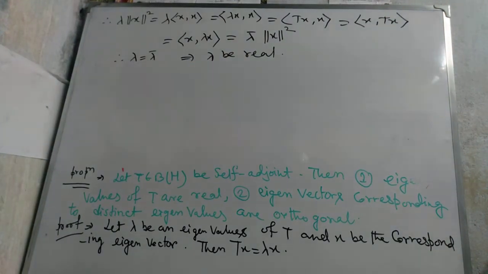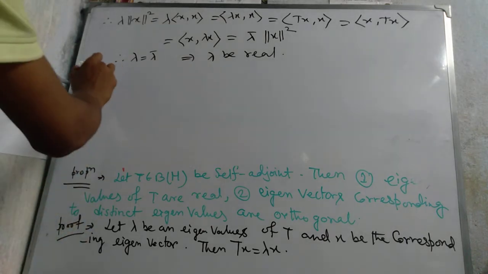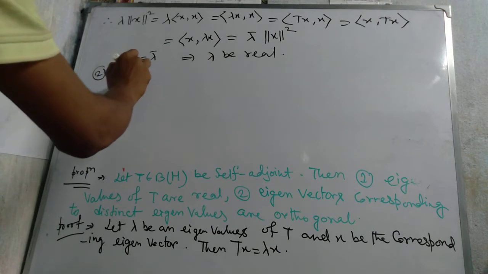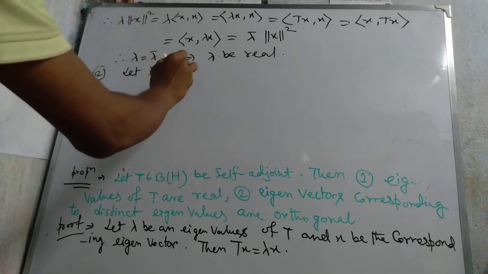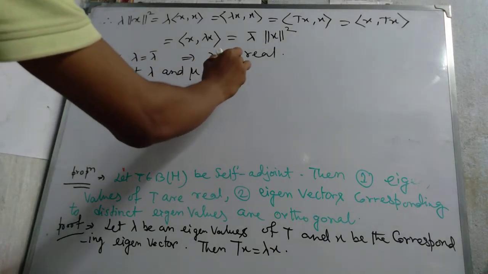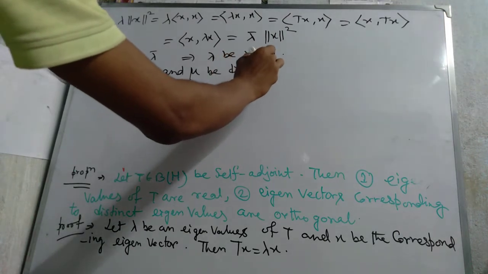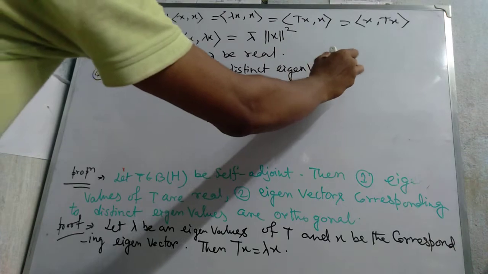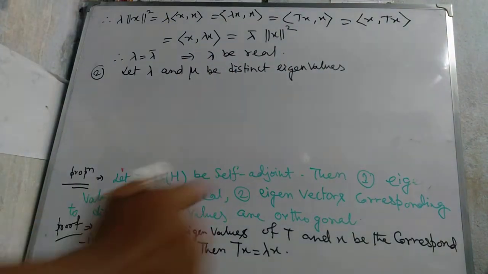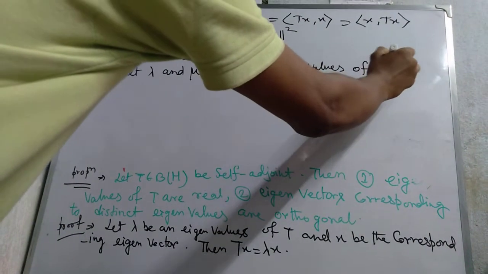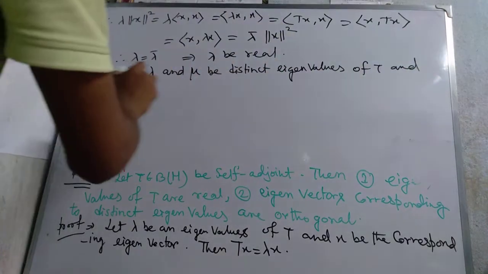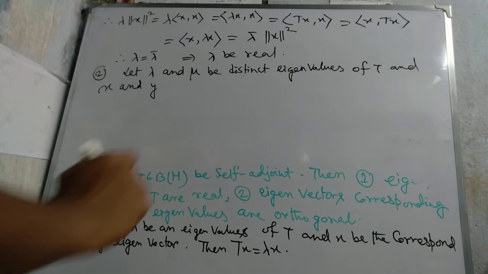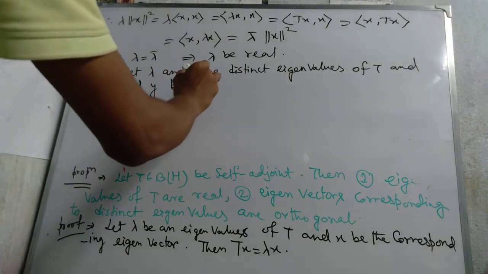Next, we go to the second part. Let lambda and mu be distinct eigenvalues of T, and x and y be the corresponding eigenvectors.